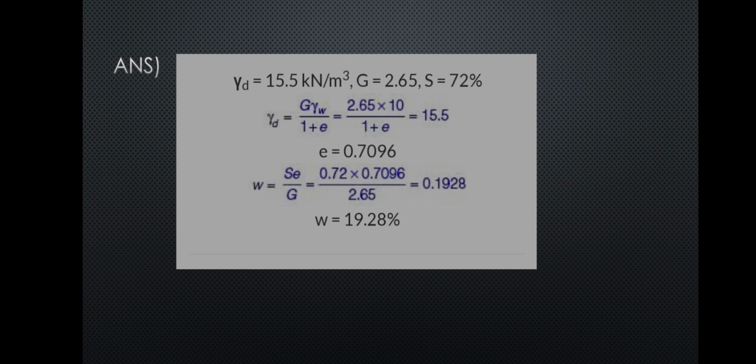Now we will use the next equation, that is G w = S e, or we may say e S_r = w G. So from that equation, the water content w = S e / G. We have the values for saturation, void ratio and specific gravity. Substituting those values, we get the water content as 0.1928. Also note that we should write it in percentage with 2 decimal places.